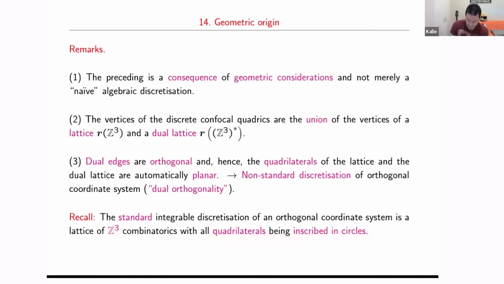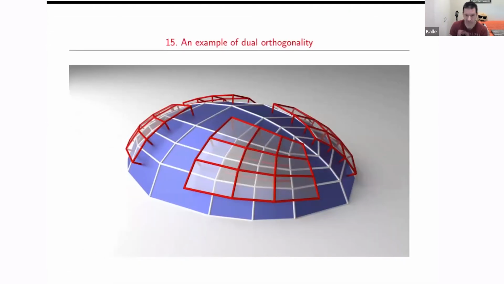Okay, so let me just show you a picture, then you can see what's going on here. So here is a Z2 slice, the blue one here, of a lattice. And then you can see this here. So the red edges are edges of the dual lattice. So half integer, if you like.